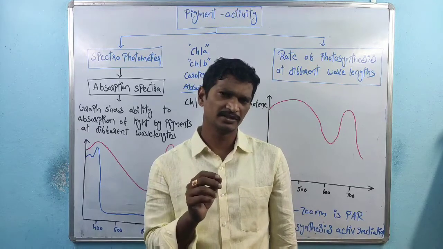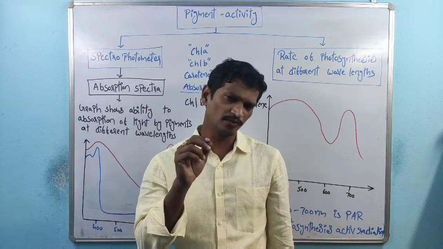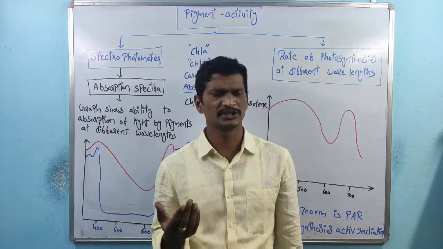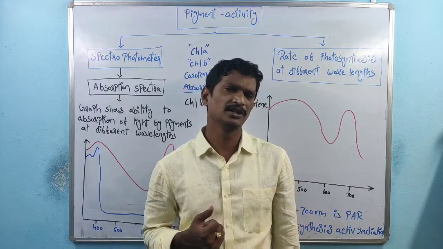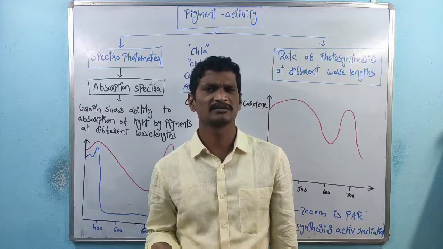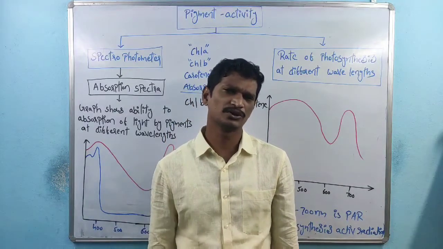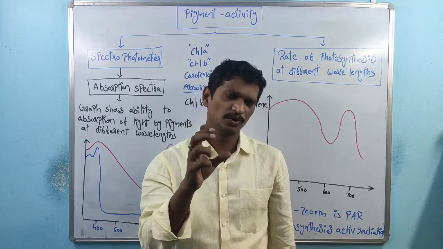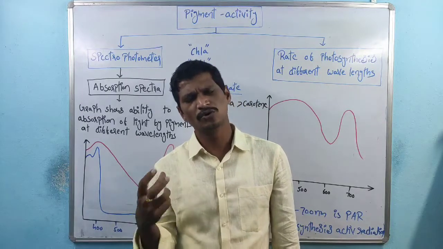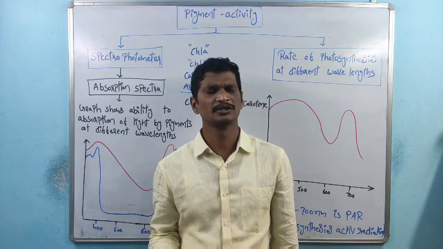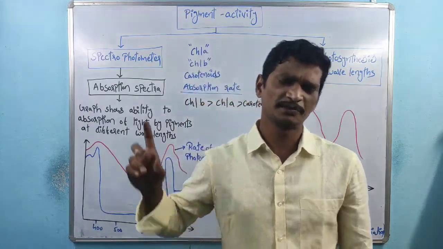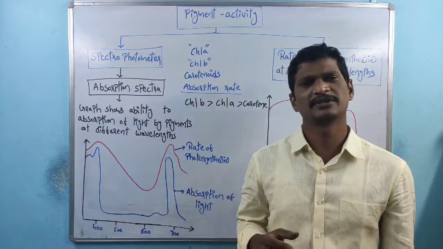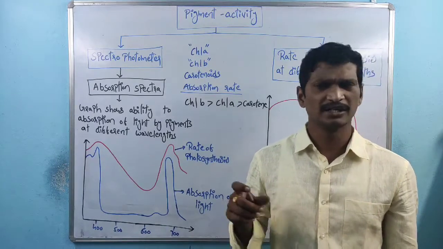One color of light is absorbed by the pigment in one way. During photosynthesis, a high rate of photosynthesis is seen in blue light. In the same manner, for some other colors, a low rate of photosynthesis is observed. A high rate of absorption is seen within the blue region, and a low rate of absorption for other colors. So the pigments show different activity in different types of light.